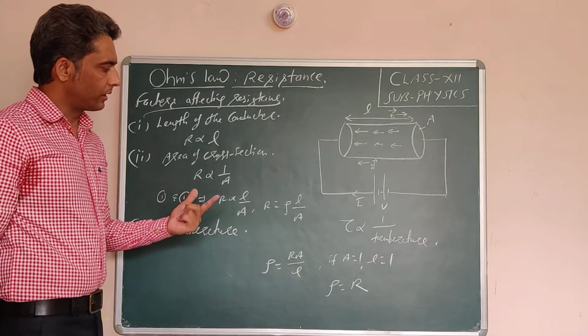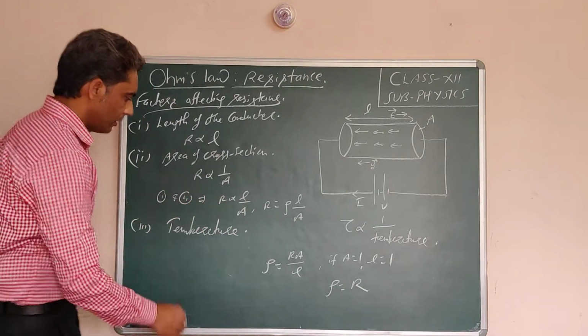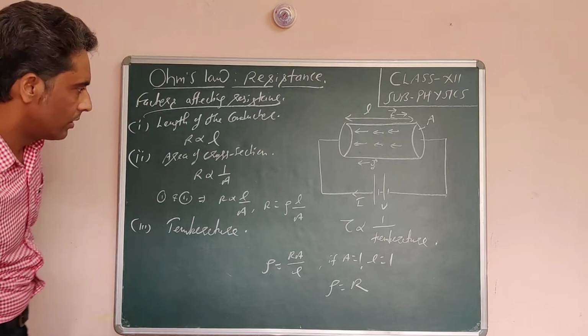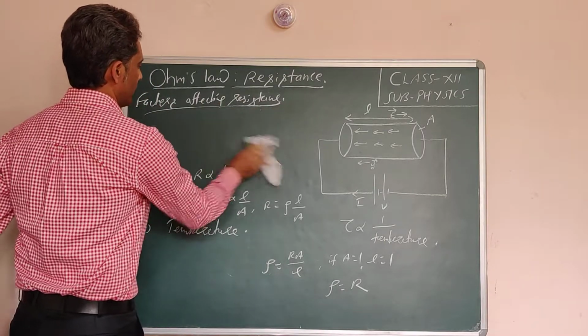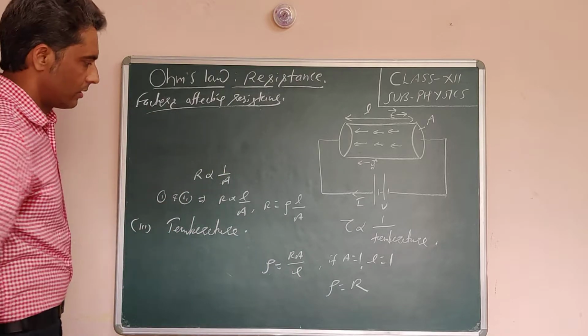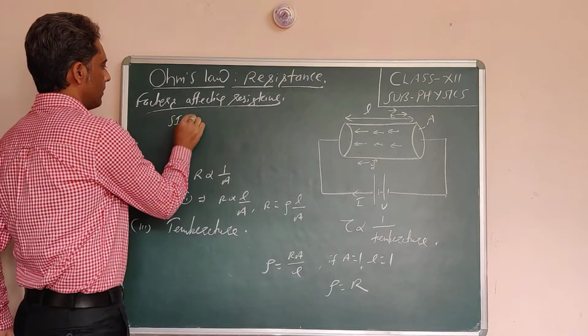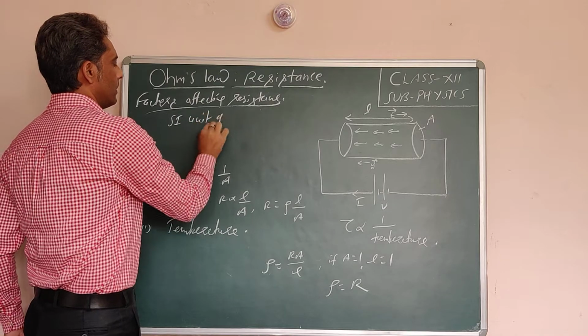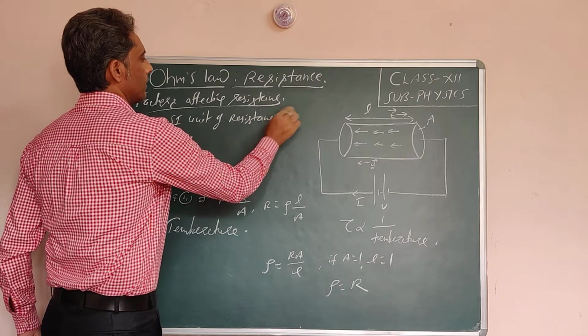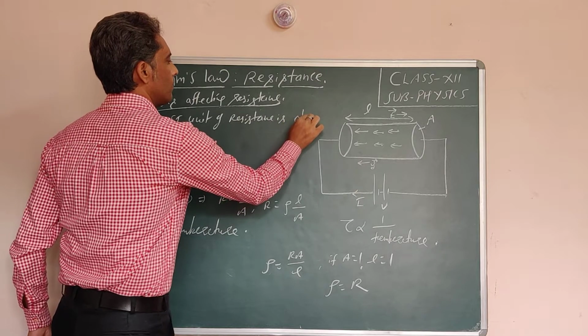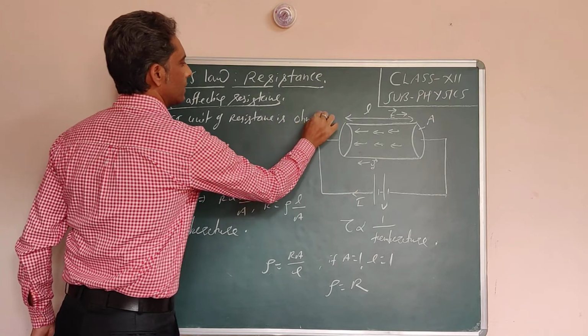As far as the unit of resistance and resistivity is concerned, the SI unit of resistance is ohm, or it is written as this symbol.